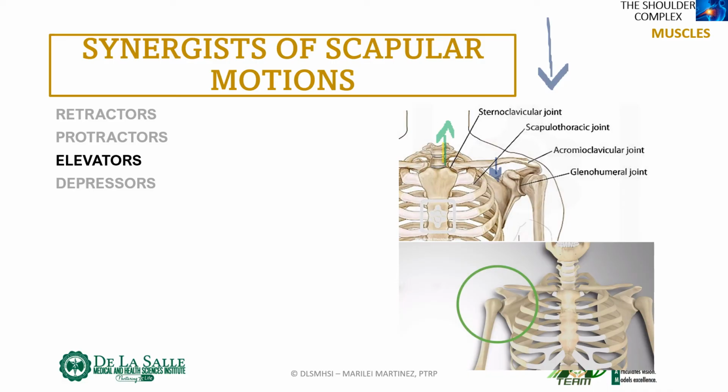How or why? As you can see, if the dominant force is gravity, which is going down, it will cause the lateral end of the clavicle to go down. The medial end will not go down because of the presence of the underlying first rib. Remember, you have your first rib under the clavicle, specifically under the medial end of the clavicle. So, because of gravity going down in this area, the first rib will serve as a fulcrum. What will happen? It's like a seesaw.